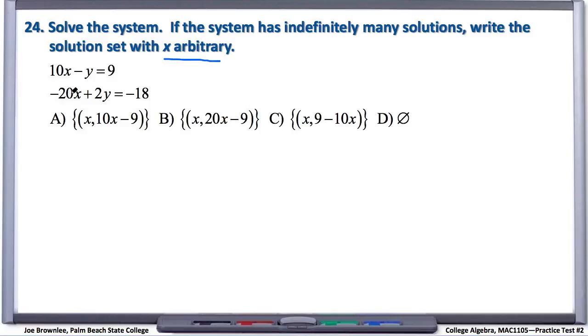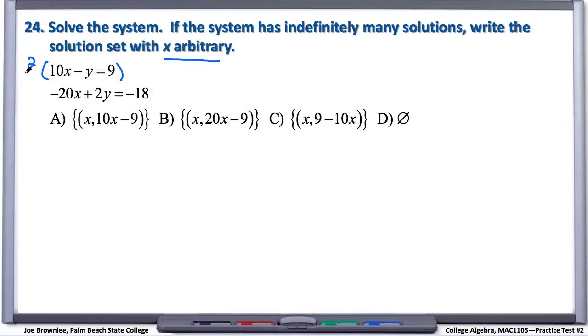Recall that if we're going to eliminate the x, we want the coefficients of these two x terms to be additive inverses, meaning one will be positive, one will be negative, and the number itself will be the same. So if we have a negative 20 here, we probably want to get this first equation's x coefficient to be a positive 20. And if we have a 10 right now, all we have to do is multiply by 2.